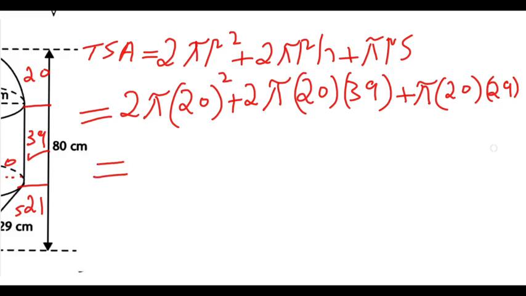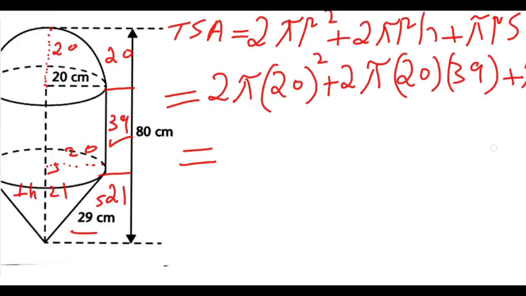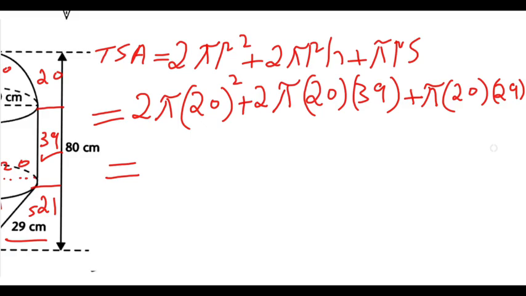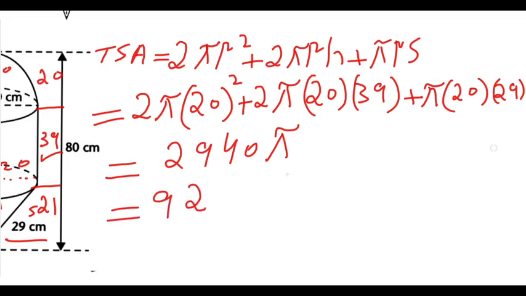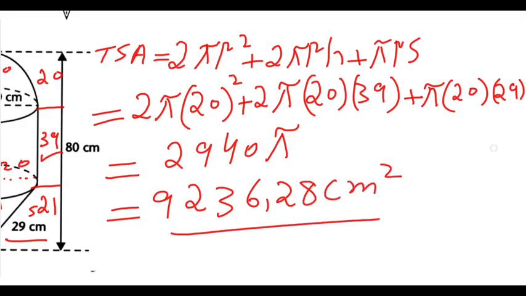Now I'm going to use the calculator. This is the slant height. One time I use the calculator, answer is 2940 pi. Now I'm going to open up the pi. The answer is going to be 9236.28 centimeters squared. This is my final answer.